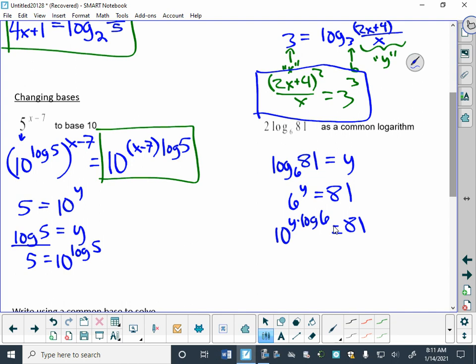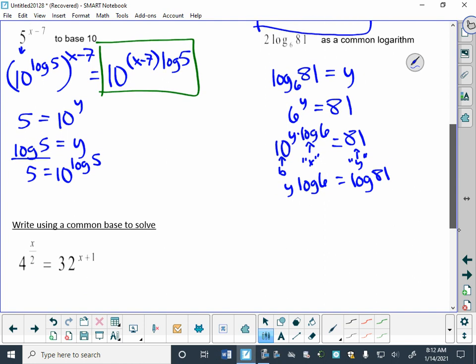but now we have a base 10, so if we did a common log, if we rewrote this in its logarithmic form based on the common log, where this is our b, and this is our x, and this is our y, then we're going to get y times the common log of 6 is equal to the log base b, that's our common log, of 81.